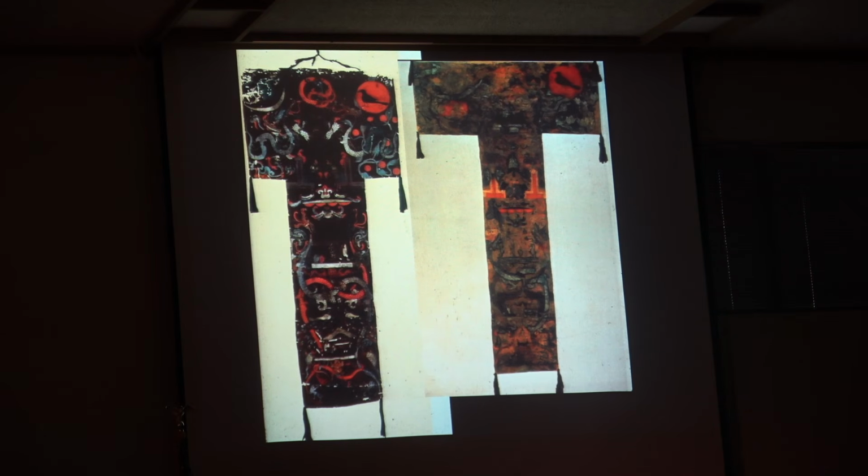Some of you were interested in Chinese art when the Mawangdui painting was first excavated and first appeared. It was around 1973, and I can remember studying the Mawangdui painting myself. And then a couple years later, the painting on the right was excavated.